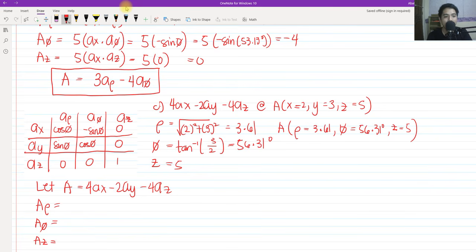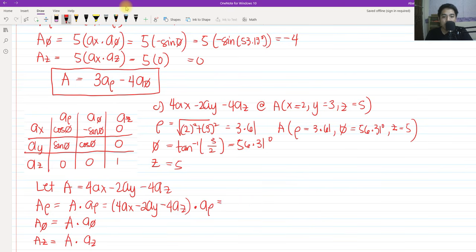So we have A dotted by the unit vector a sub rho, A dotted by the unit vector a sub phi, and A dotted by the unit vector a sub z. So we have 4a_x minus 2a_y minus 4a_z dotted by a sub rho. Okay, so that is how we do that.